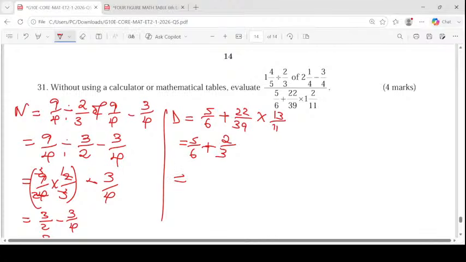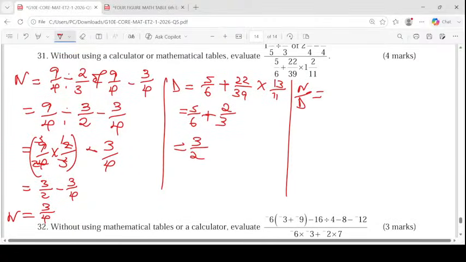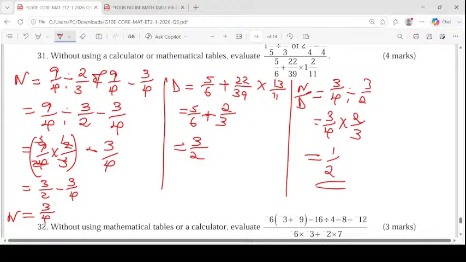Then you add this to 5 over 6, you get 3 over 2. Then when you take numerator divided by the denominator, our numerator we had as 3 over 4. Divide this by 3 over 2. This will be 3 over 4 times 2 over 3, which becomes a half.